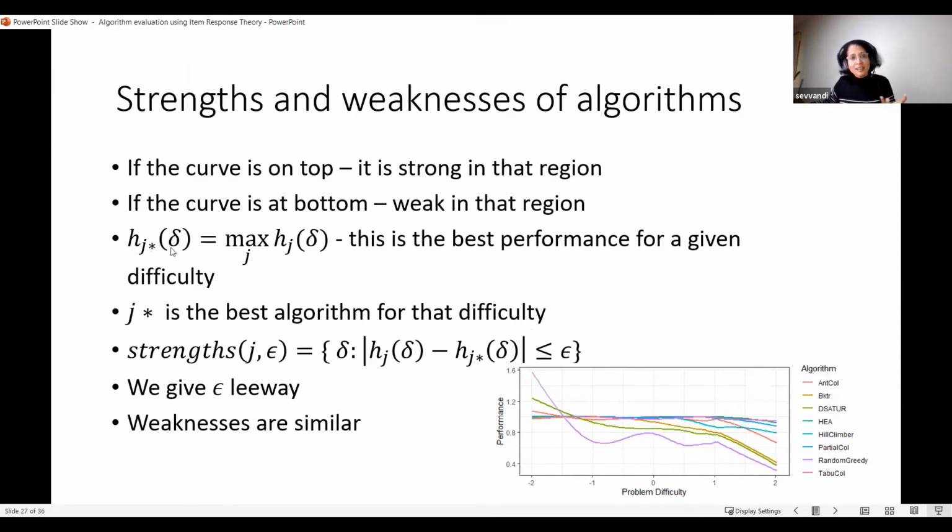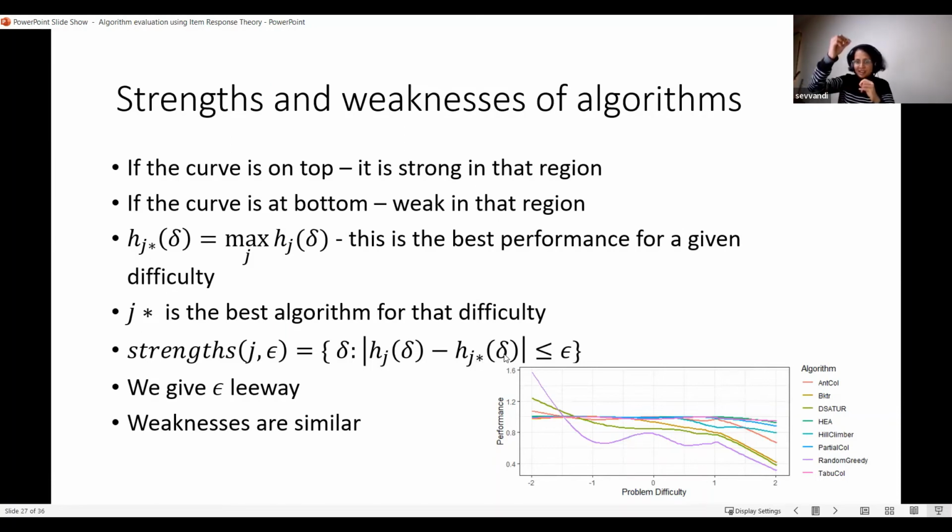Just a little bit here: we first find J star, the best algorithm for a given difficulty. So h_J*(delta), where delta is the problem difficulty, gives us the maximum of all the curves for that difficulty. For a given algorithm J, the strength of that algorithm is the parts of the problem space, that is, parts of the difficulty spectrum, where it is epsilon close to the best algorithm J star.